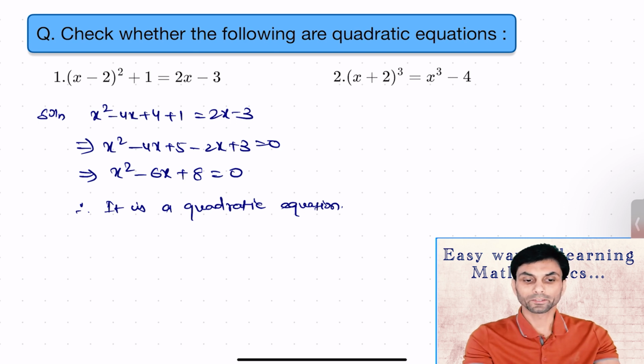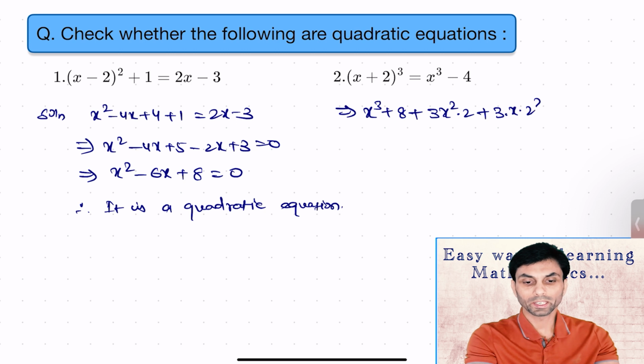Moving to the second question, it is given that x plus 2 whole cube equals x cube minus 4. So let's solve it. Using the a plus b whole cube identity, it will be a cube plus b cube, that will be 8, plus 3a square into b plus 3a into b square, which will equal x cube minus 4. Here x cube and x cube can be cancelled.